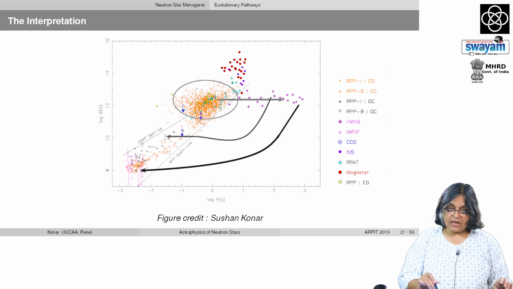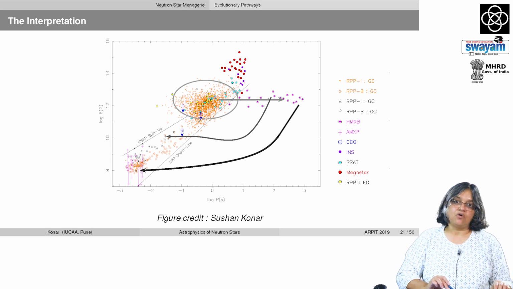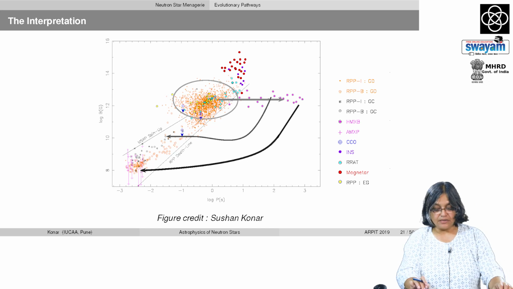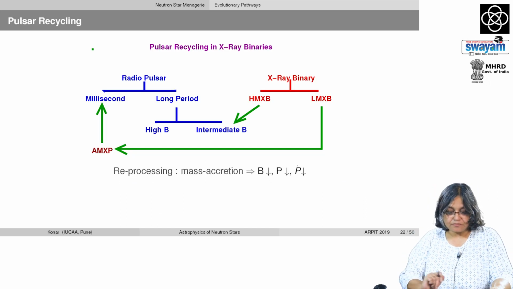If they are sitting in an HMXB, they would be recycled to either this region or maybe around this region, and if they are sitting in an LMXB, then they would be reprocessed or recycled into millisecond radio pulsars.